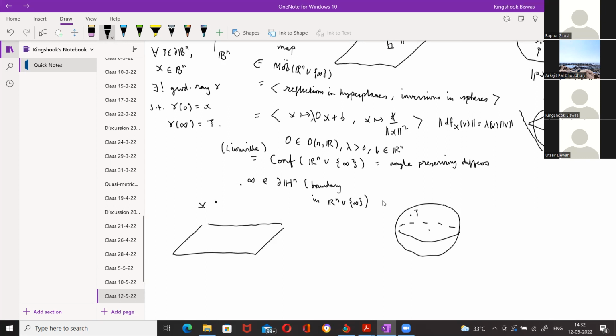It's just the vertical line, right? It goes to the point at infinity on the boundary. So now infinity corresponds to this collection of vertical rays, all right?